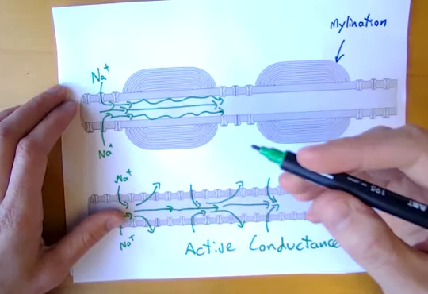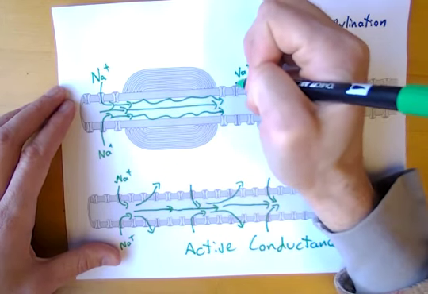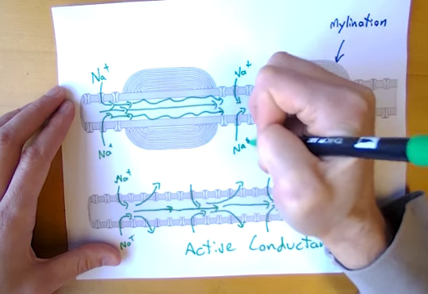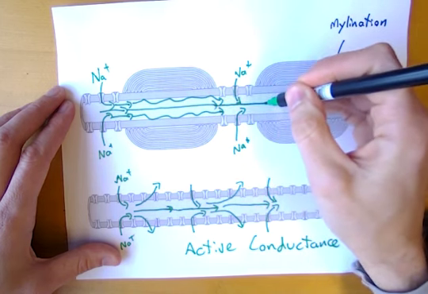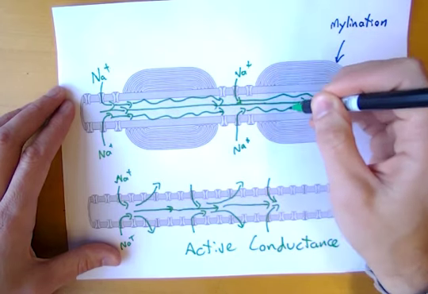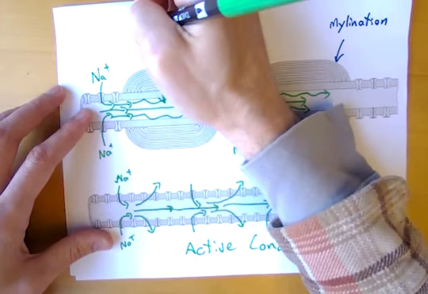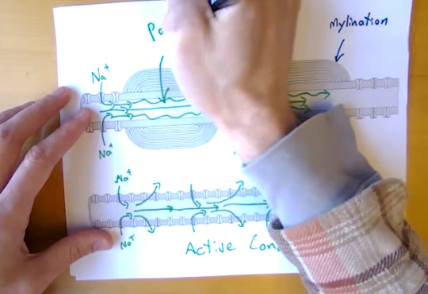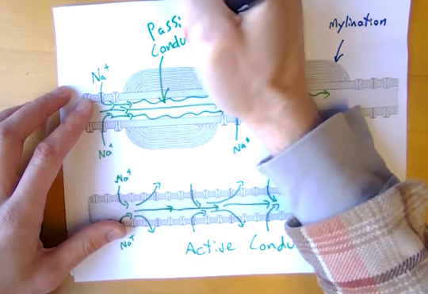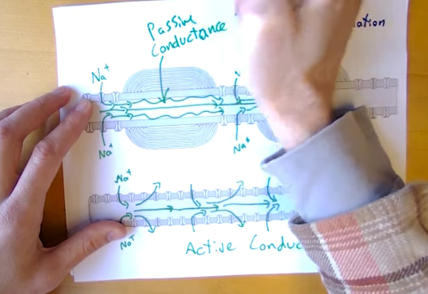We don't require as many sodium channels to keep the charge going, to supplement the charge. So we can go greater distances with what is termed passive current or passive conductance.